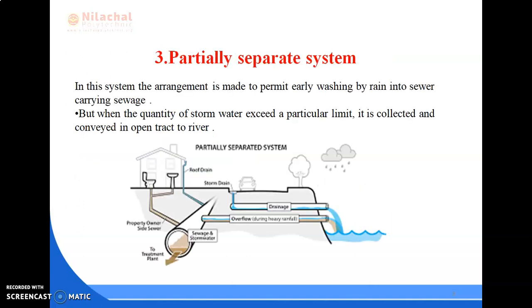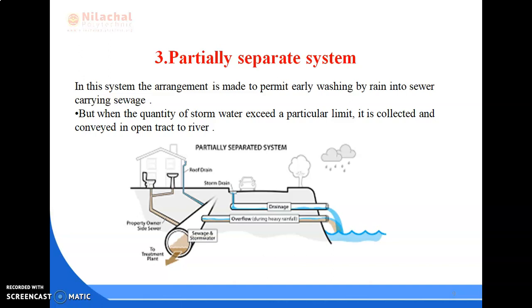Then last one, number 3, partially separate system. Sometimes the domestic sewage coming out from the residences or institutions is allowed to be admitted into the drains. The resulting system is called a partially separate system.